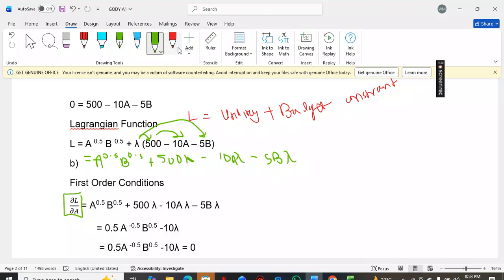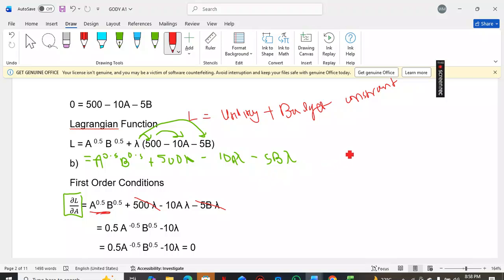So this 500 will go, this 5b lambda is going to go. This 10a and this a to the power 0.5, b to the power 0.5 are the ones that derive. Because the b and the a are attached, the b is not going to go away. You just derive the a.